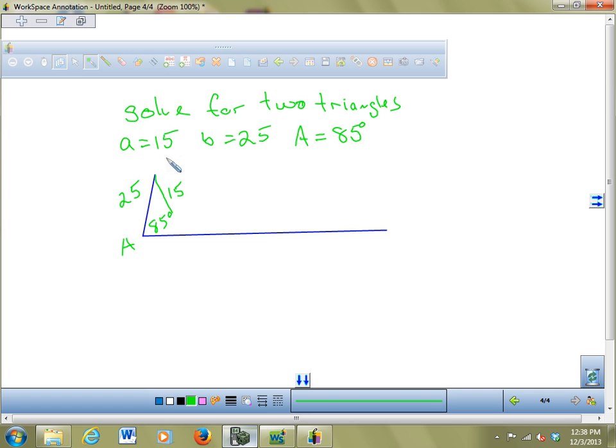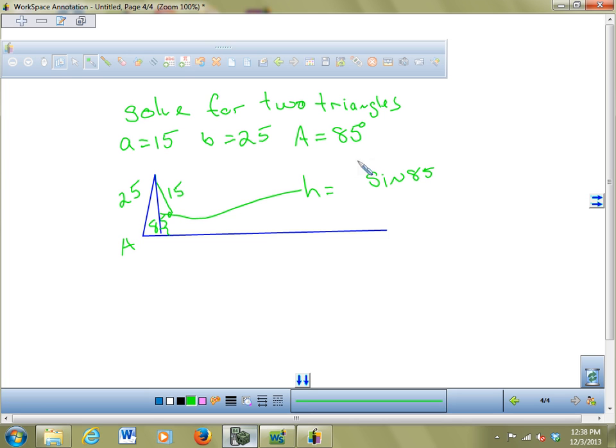No, because if you did find H here, to show that, you would first find H. And the way you would find H, I didn't really talk about that. It's a good thing to talk about it. So to find H, you're going to use sine. You're going to use sine of 85 because this height makes a right triangle, right?